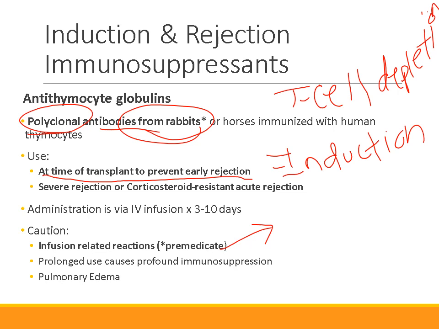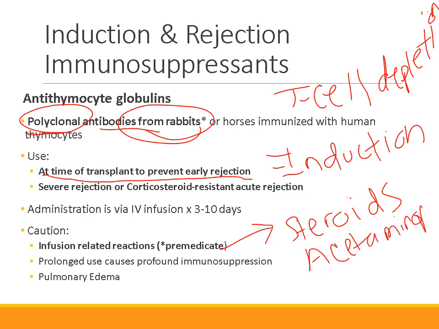Before administering each infusion, we give patients corticosteroids, like prednisone, for example, acetaminophen, which is just Tylenol, that would be to prevent the fever, and then some sort of antihistamine.